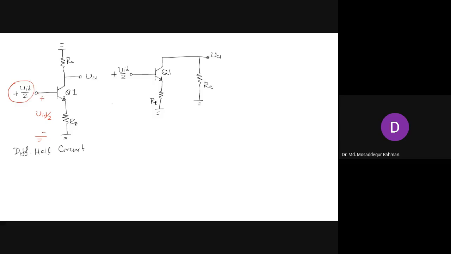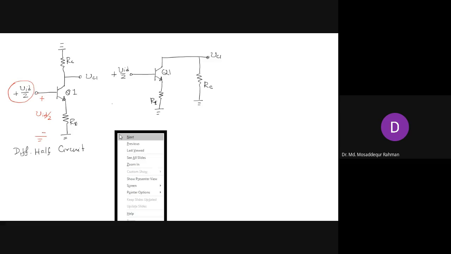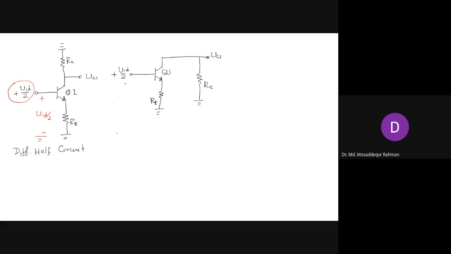So we can show it like this, which we are more familiar with. It's easy for our brain to process the circuit. And then here we can show the input resistance Ri, and here we show the output resistance R0.